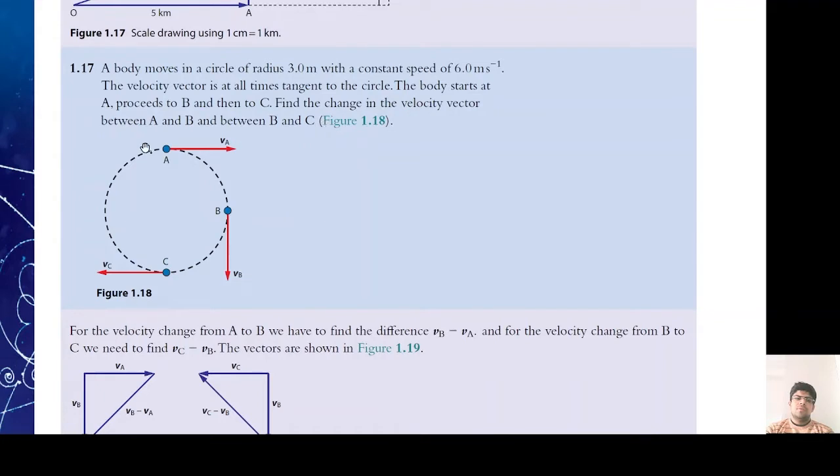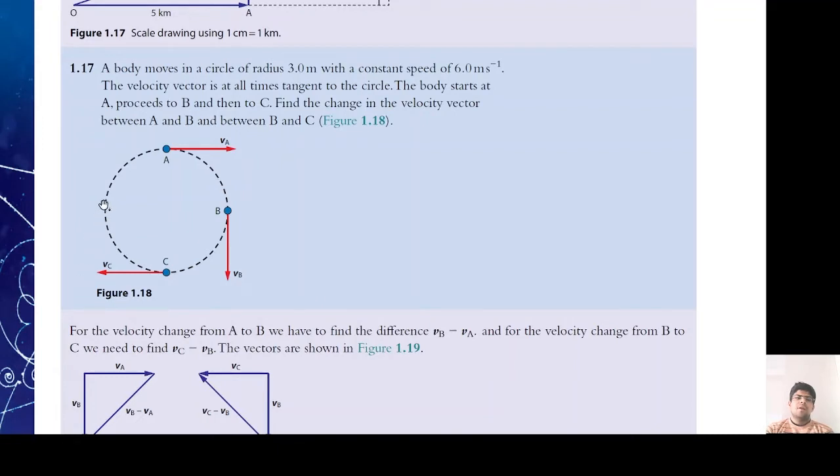So let's look at figure 1.18. We have a circular path here. The body is moving like this, so the direction of force will be like here. If it's moving in a circle, then the force would be in this direction.